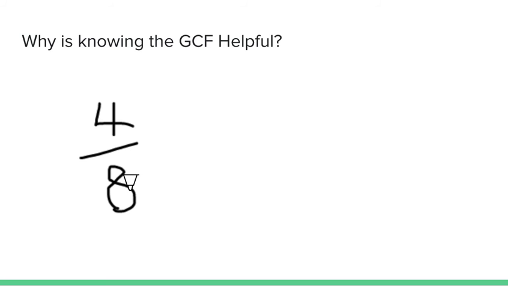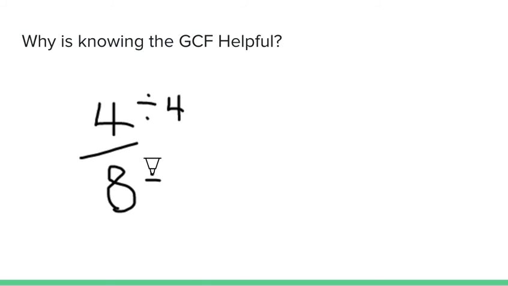We could make another factor rainbow, but I can tell you right off the bat, the greatest common factor between 4 and 8 is actually 4. So if you needed your factor rainbow to figure that out, you could totally do that. You'd figure out that 4 is the greatest common factor. And then what you do is you divide the top number and the bottom number by 4.